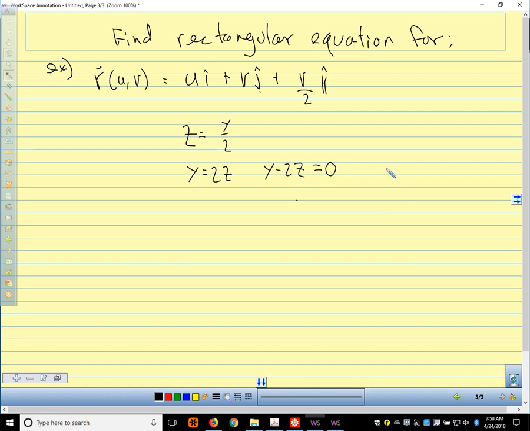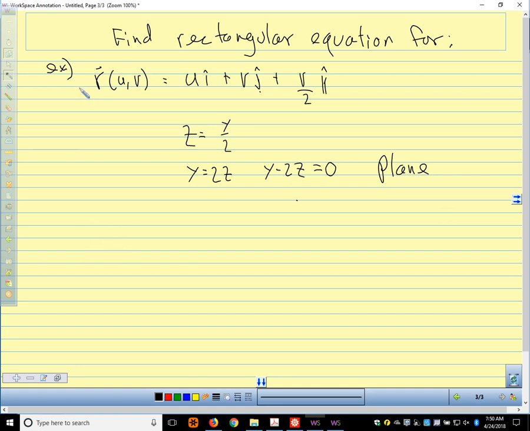That's a plane. The x can be anything, yes. So it's infinite in the z direction. It's parallel to the x-axis. If you wanted to identify what kind of surface it was, you might use something else, but once you see a linear relationship, you know it has to be a plane.